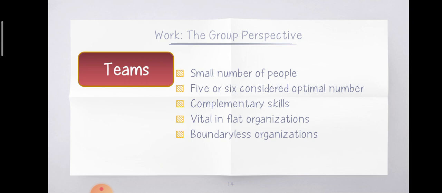When we say complementary, what do you mean by that? One person complements the skills of another person. So a team is a small number of people with complementary skills who work towards a common goal for which they hold themselves mutually accountable.